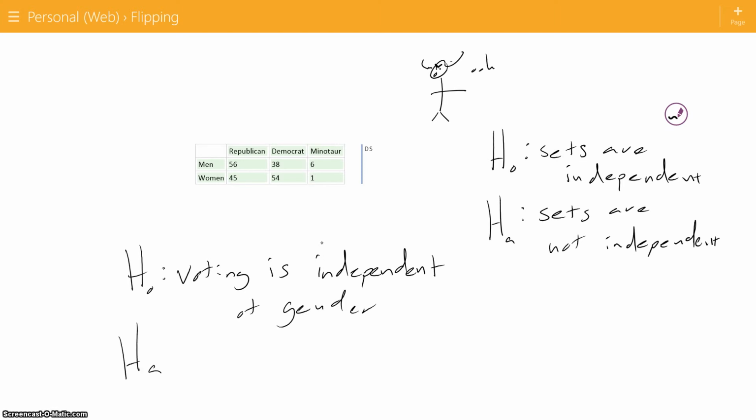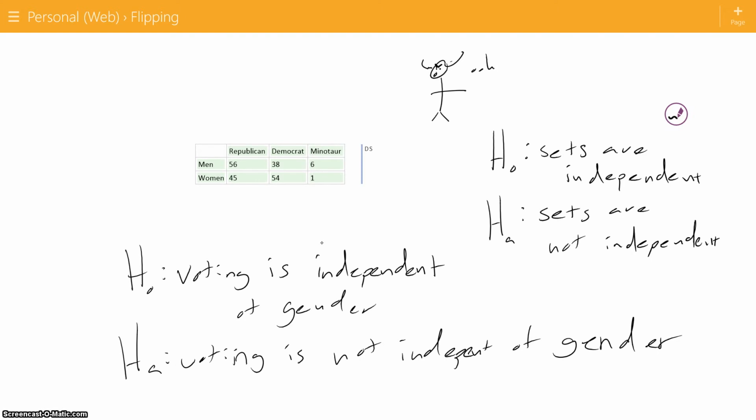And the alternative hypothesis is that voting is not independent of gender.